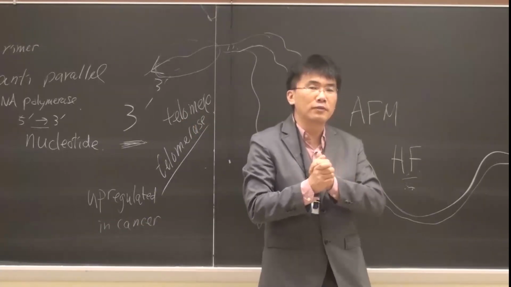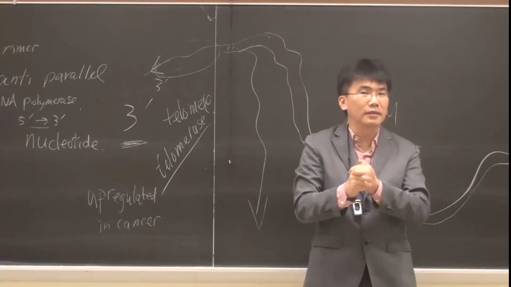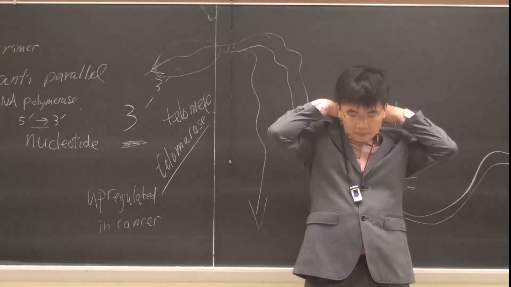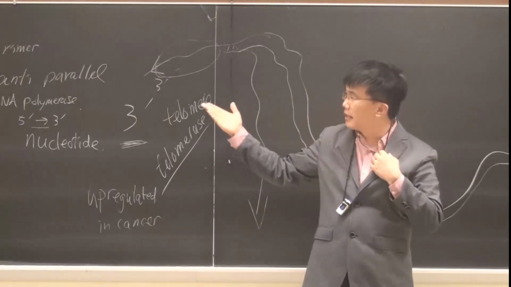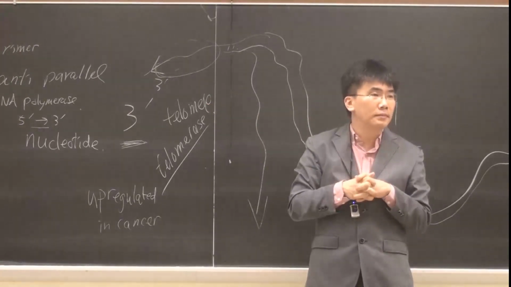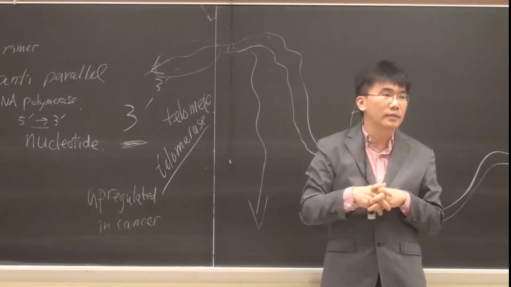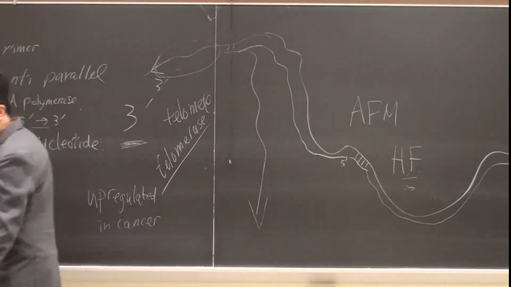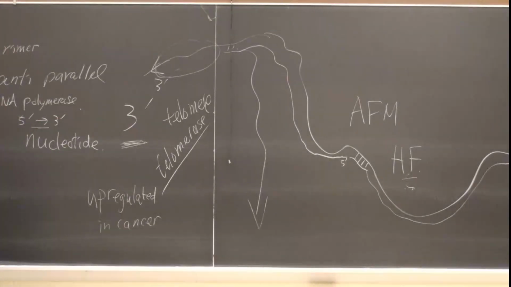I'm sure you know forensic activities where you can study DNA, right? But without a chemical way of synthesizing DNA, you would not be able to do any of those measurements. So this is really an enabling technology. Okay, questions?